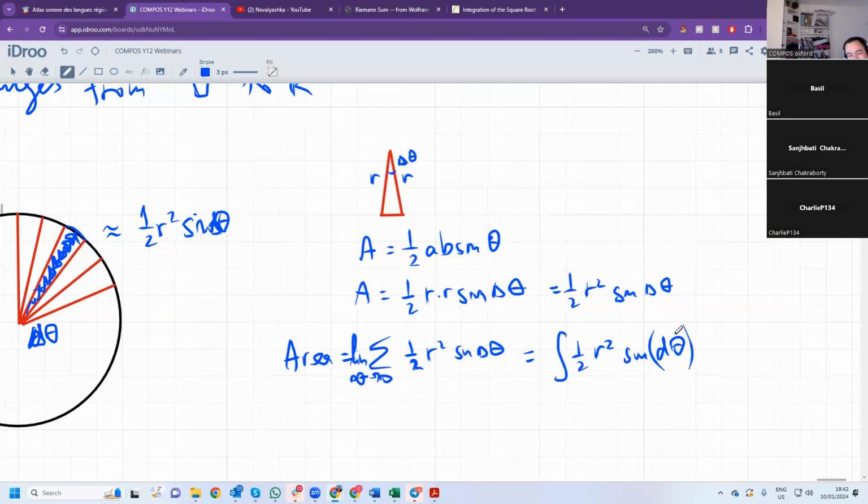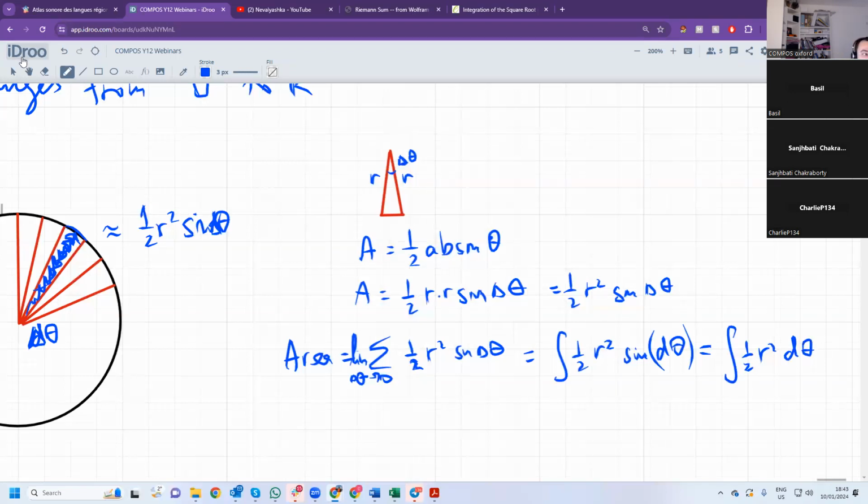What can you do here? Well, for small angles, sine d theta is d theta, so we have 1/2 R squared d theta. I can even use the equal sign here because d theta is infinitely small.